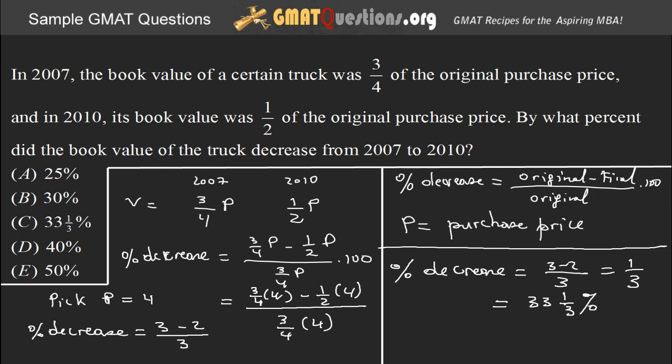At the end of the day, we need a percentage. So 1/3 corresponds to 33 and 1/3%. Okay, and that's it. So let's write down the correct answer is C. I always write my answers in green. So C is the correct answer.